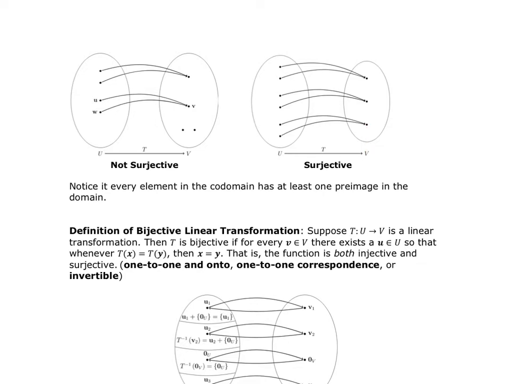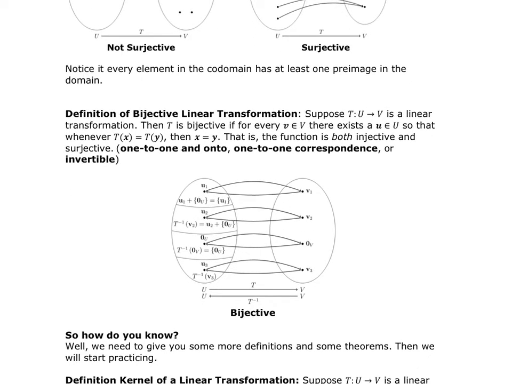Now, we're also going to talk a little bit about the bijective linear transformation. T is bijective if for every element in the codomain there exists an element in the domain, and the only time the outputs are the same is when the inputs were the same.